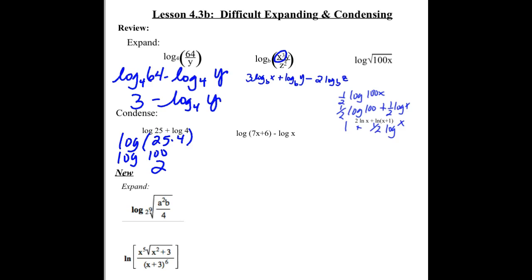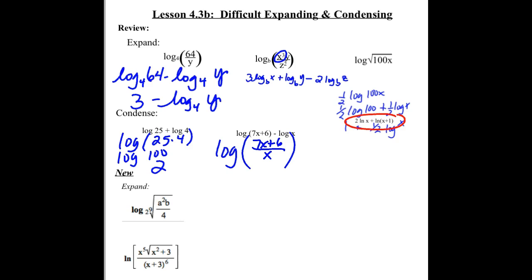All right, next one, we have log of 7x plus 6 minus log of x. Condensing, what would we do? 7x plus 6, we can't do anything with that, but we can put the x on the bottom. Division. Okay.